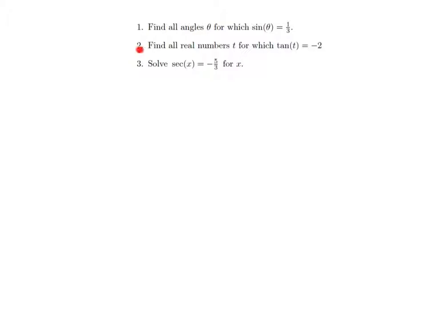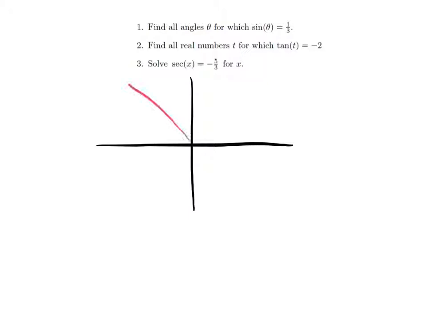One more example, number 2, find all real numbers for which tangent t equals -2. We know where tangent is negative. Tangent is negative in quadrant 2, so somewhere over here, and in quadrant 4, somewhere over here. But where is tangent -2?